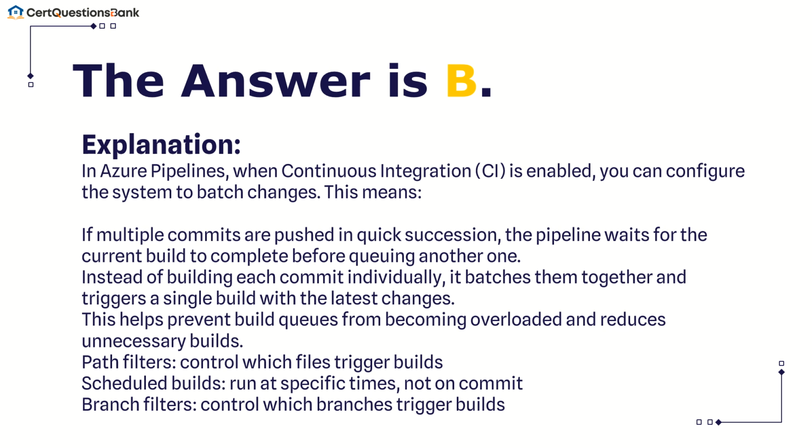Instead of building each commit individually, it batches them together and triggers a single build with the latest changes. This helps prevent build queues from becoming overloaded and reduces unnecessary builds. Path filters control which files trigger builds. Scheduled builds run at specific times, not on commit. Branch filters control which branches trigger builds.